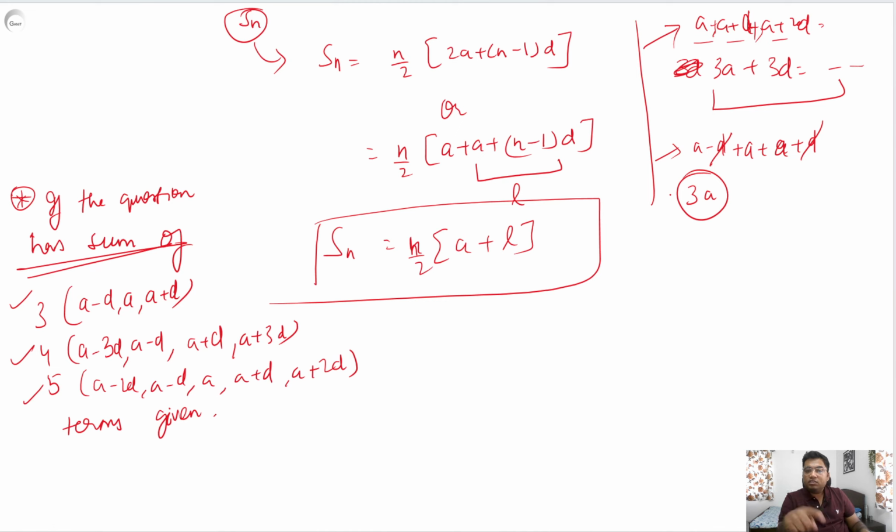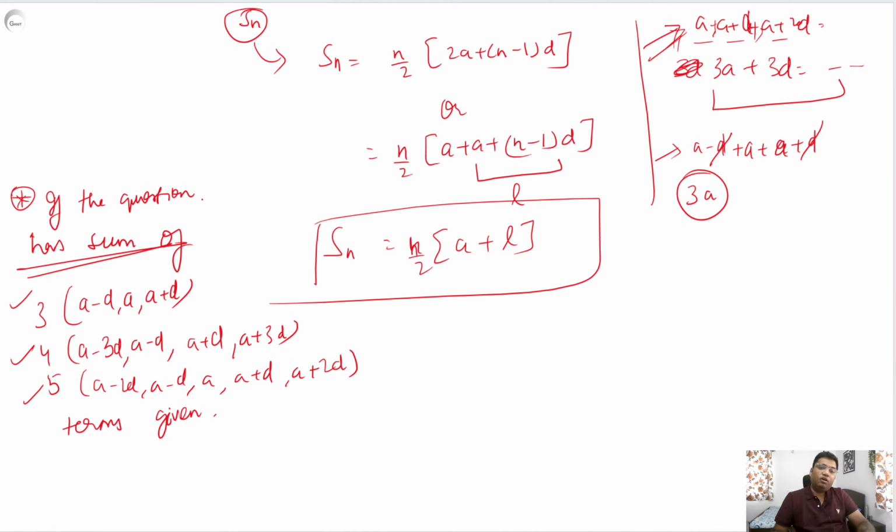So by this approach, what you are getting is an equation in terms of A. By the normal approach, you get an equation in terms of A and D, two variables. I don't have to tell you this, you are smart enough to know that if an equation has one variable, that has to be the obvious choice, right?